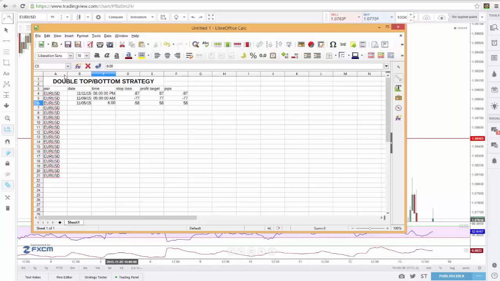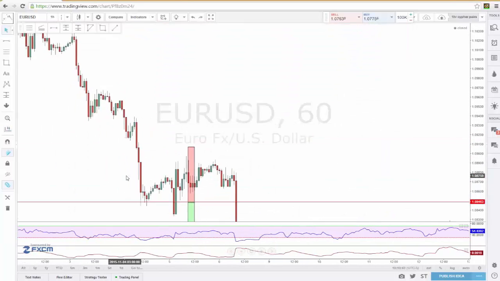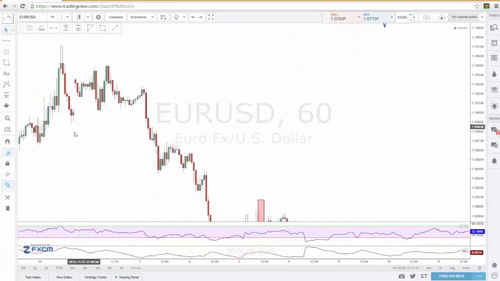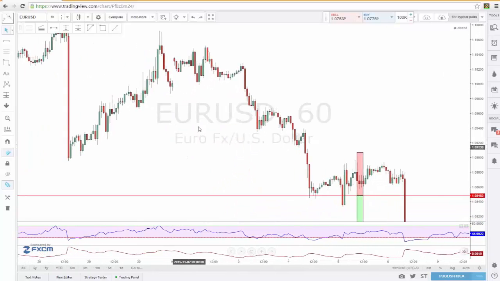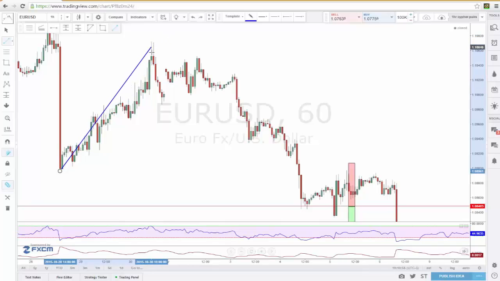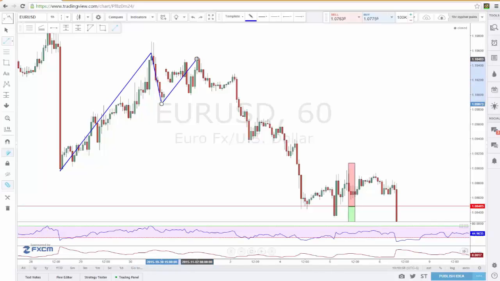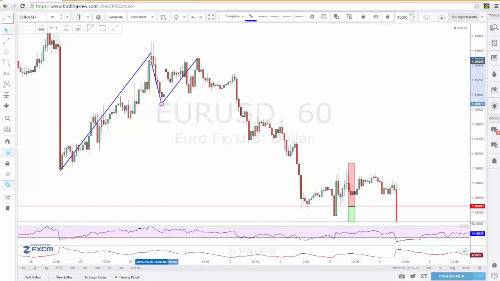And I'll say just one more trade. Let's see if we can find one more place that meets our rules here. Here's a big one, okay. So we have a starting point, initial high, retracement, retest, and let's see if this retest meets our rules.